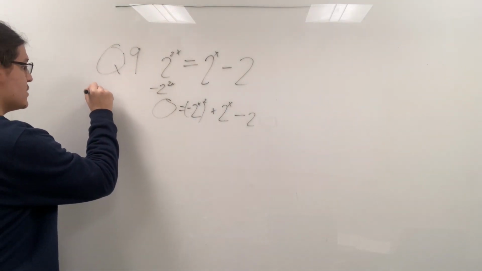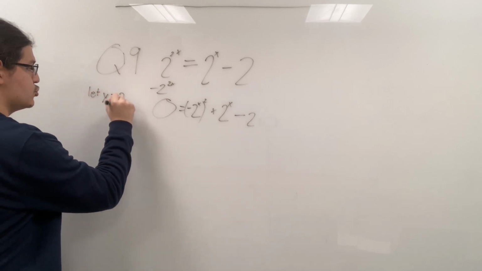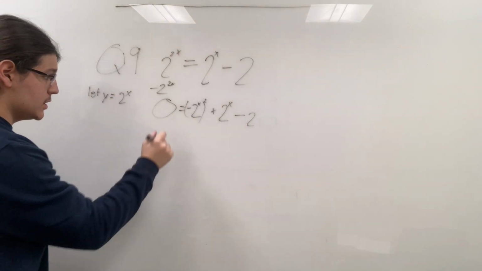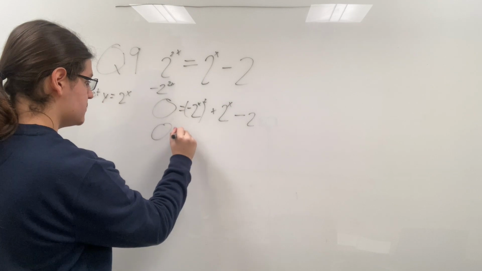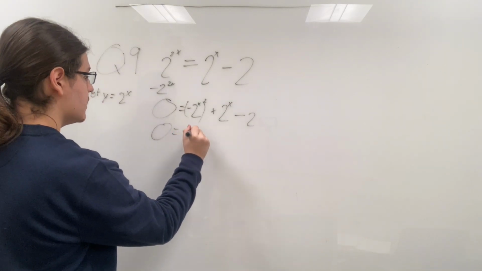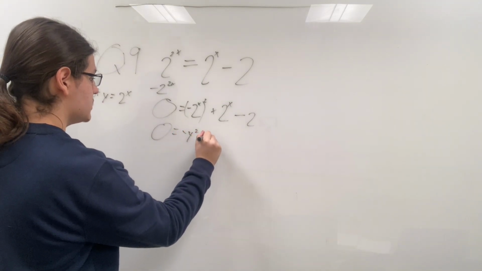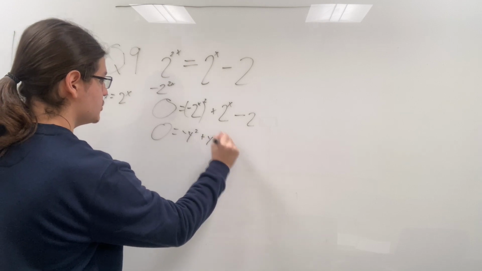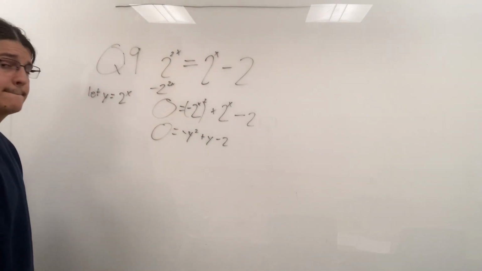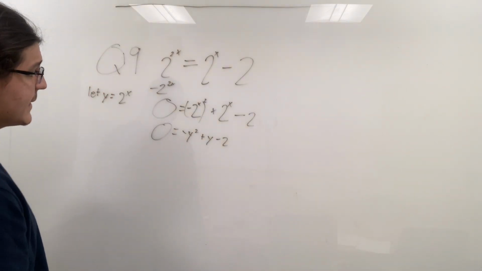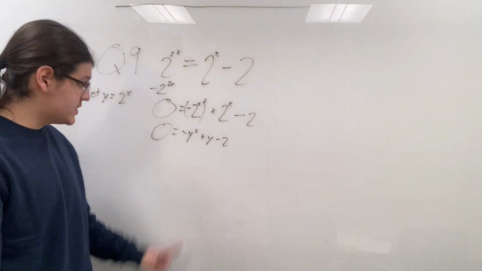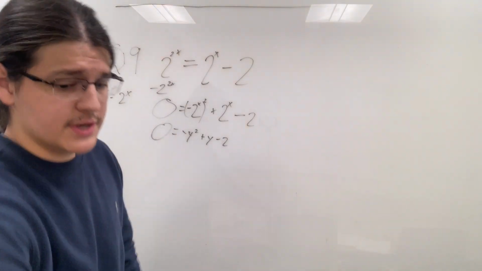We're going to let y equal 2 to the x. So our new equation is going to be negative y squared plus y minus 2. Similar, but still very different. We just have a minus symbol over here.